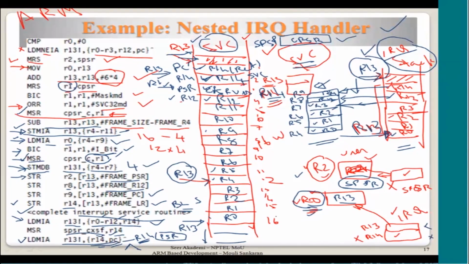I think with this we are ending this particular handler. I hope this is very clear to you, the construction of the frame, and then coming back, how we are copying back the value from the stack. You should go through this code again, draw this stack, understand every line of the code, so that you comprehend this whole thing. I have taken extra time to explain you.